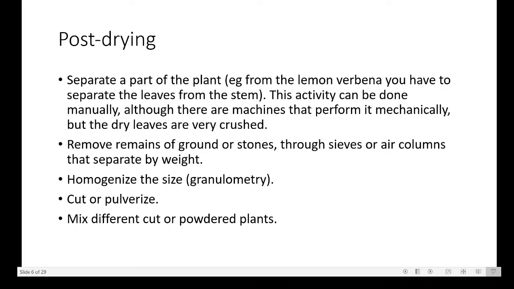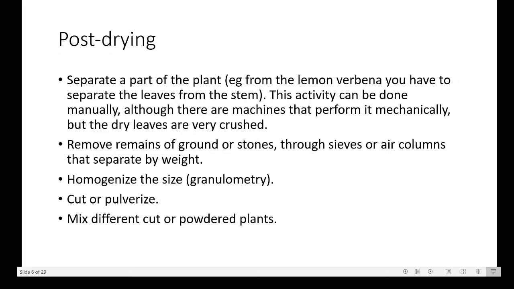Okay, we have to grind or crush the plant material, and we have to separate the material based on their size. For example, if you have a plant material of 350 micron or 750 micron, during the extraction process we get only a little amount of alkaloid.